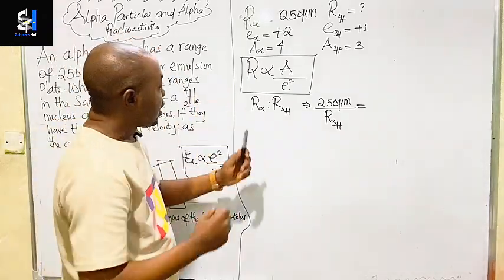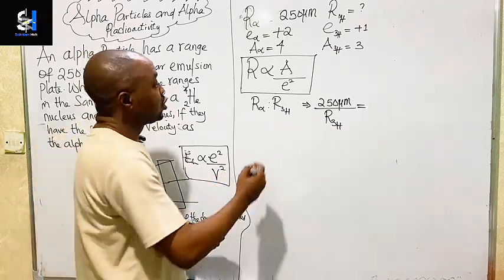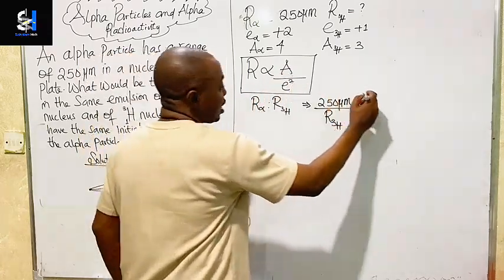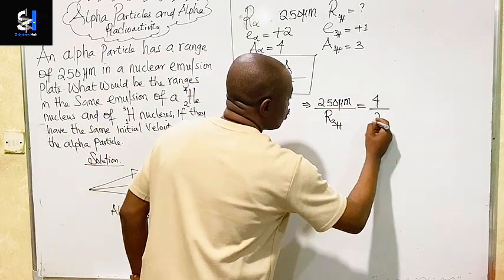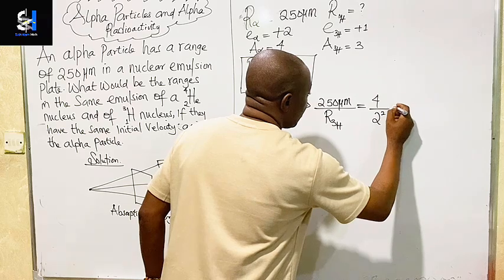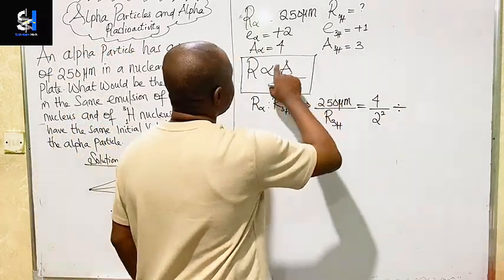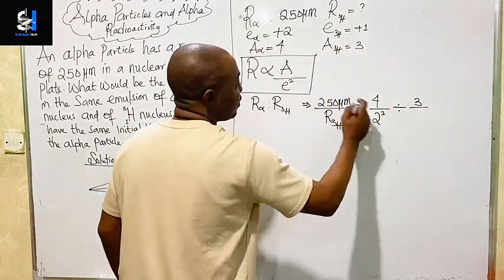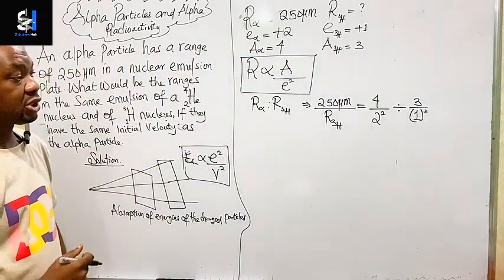So for the alpha particle, the atomic mass is 4, and the charge on the alpha particle is 2, so we raise that to the power of 2. Then we divide by the tritium nucleus, where the atomic mass is 3, divided by 1 squared, because the charge on the tritium nucleus is 1.